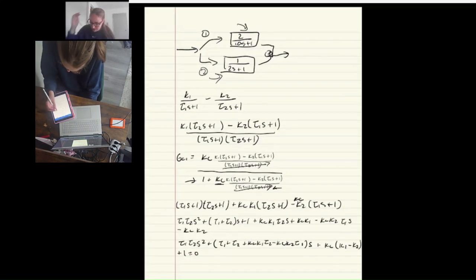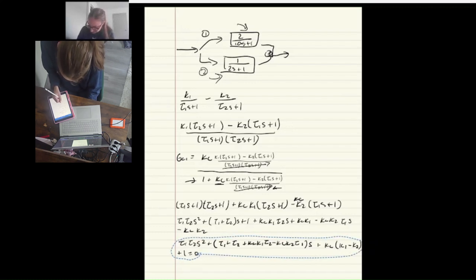So now we're going to use our Routh analysis. I'm going to copy this over to the next page.